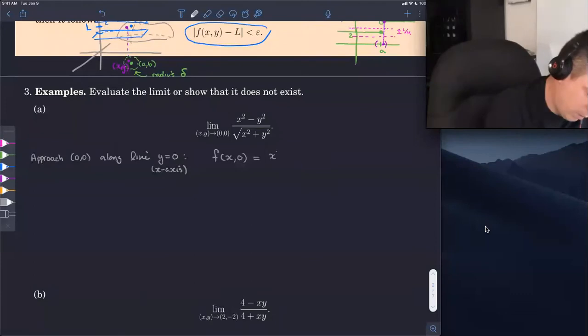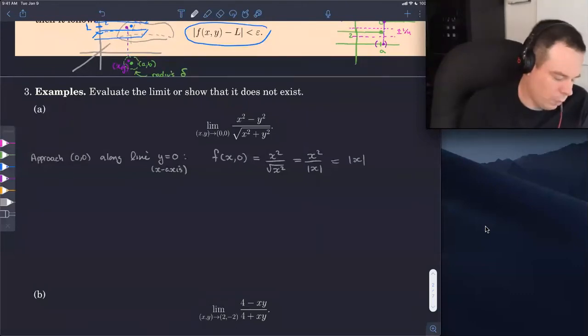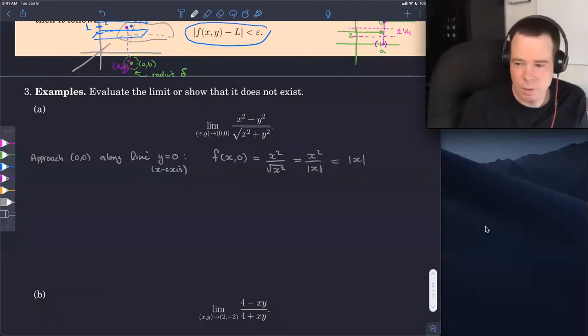So I get x squared over the square root of x squared, or x squared over the absolute value of x, because the square root of x squared is the absolute value of x. X squared divided by the absolute value of x is just the absolute value of x. So when I come along the x-axis, my function values are just going to be the absolute value of x.